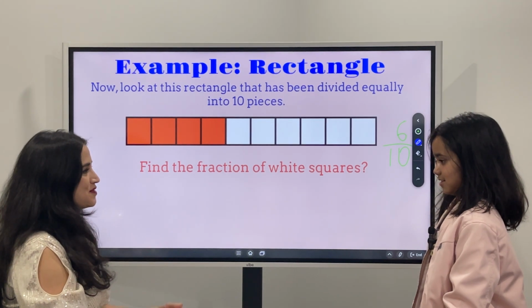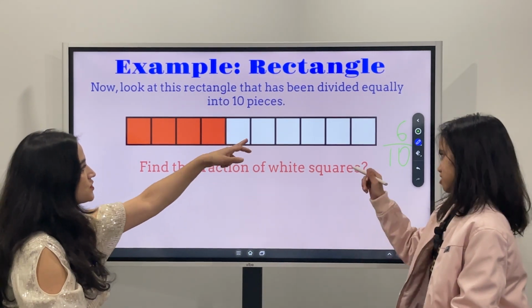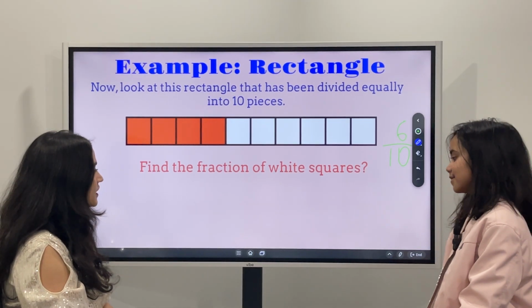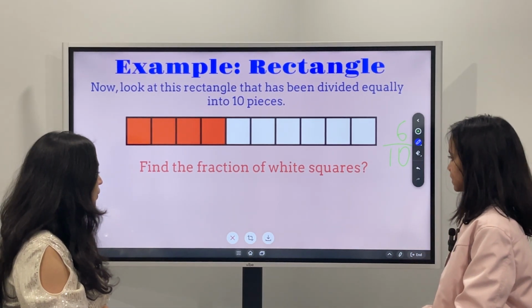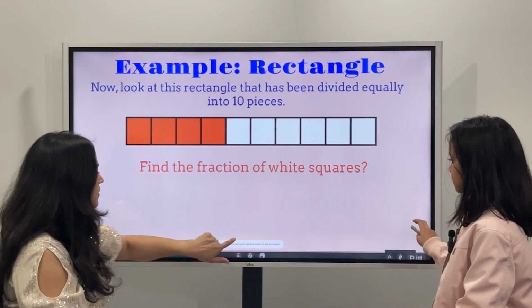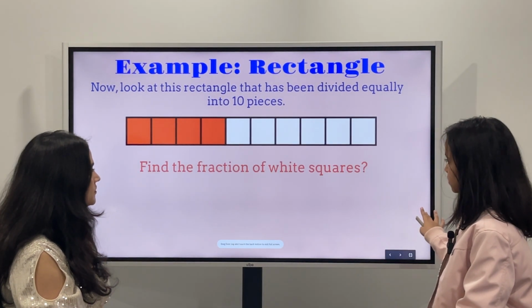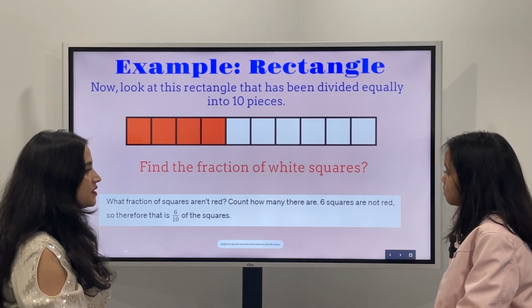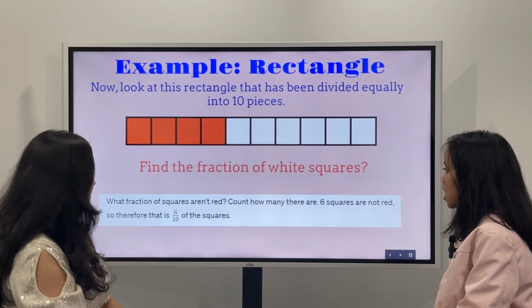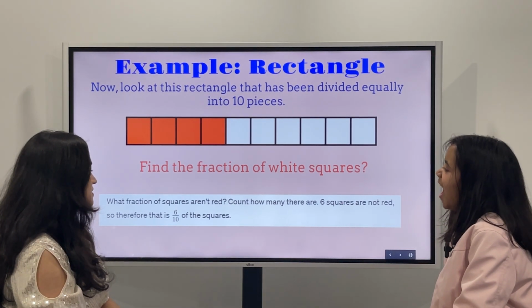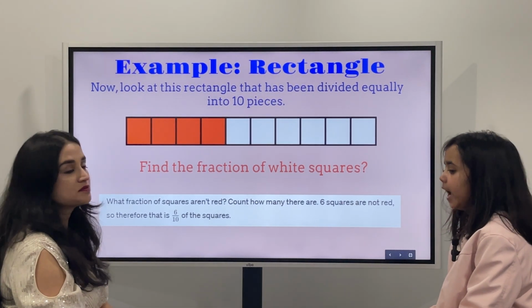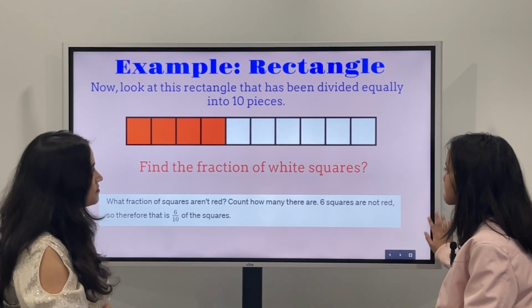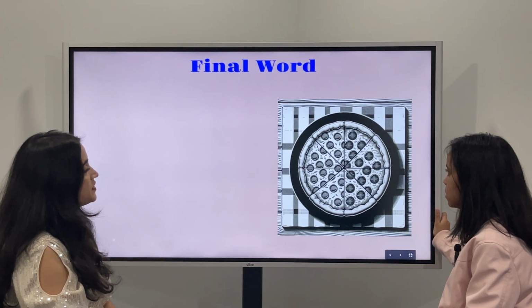You don't have to remember what is on the other slide. 1, 2, 3, 4, 5, 6. There you go. 6 out of 10. What fraction of squares aren't red? Count how many there are. 6 squares are not red. So that is 6 out of 10 of the squares. Good. Next, please.